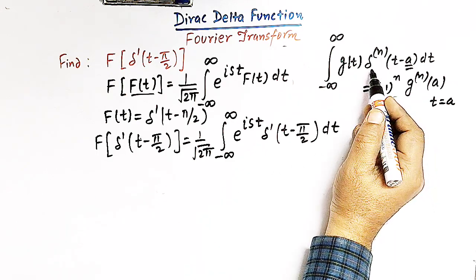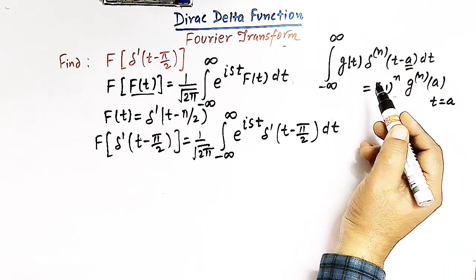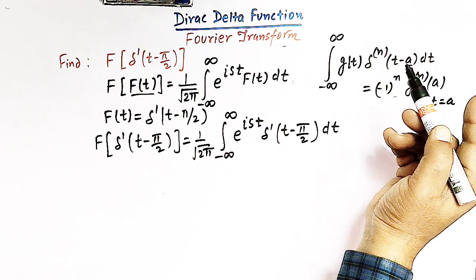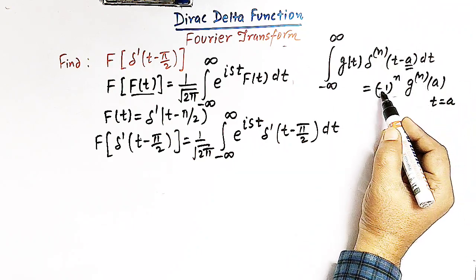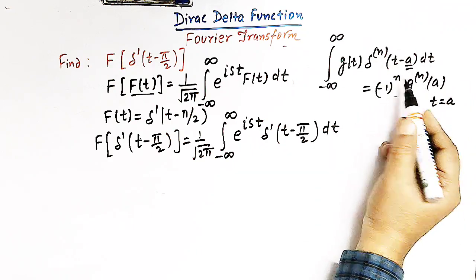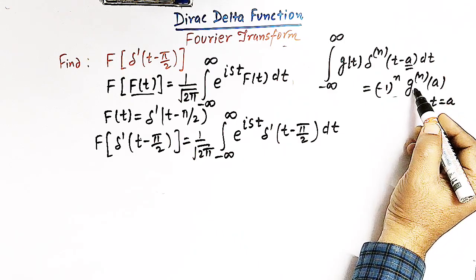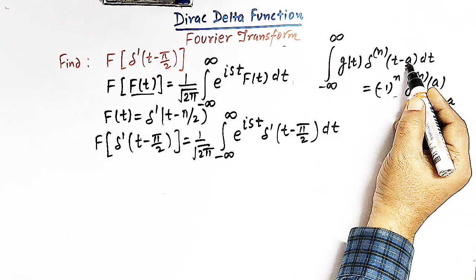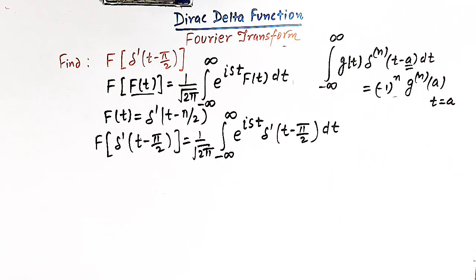So this is an important property of the Dirac delta function, where n denotes the nth derivative.